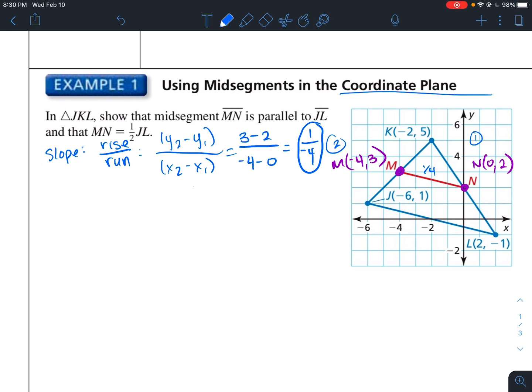Now to find the slope of the other line, do the same thing. We want to find the rise over run, which would be y2 minus y1 divided by x2 minus x1. It doesn't matter which one you label as your first and second point, as long as you make sure you get the order correct.